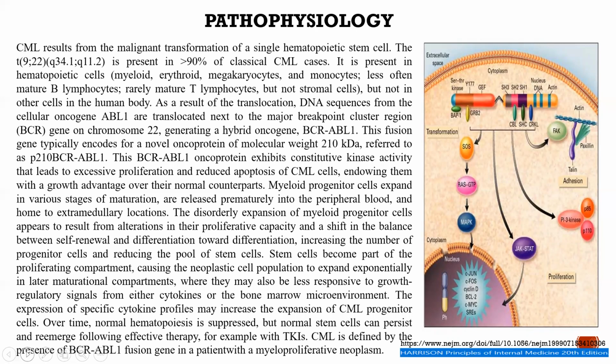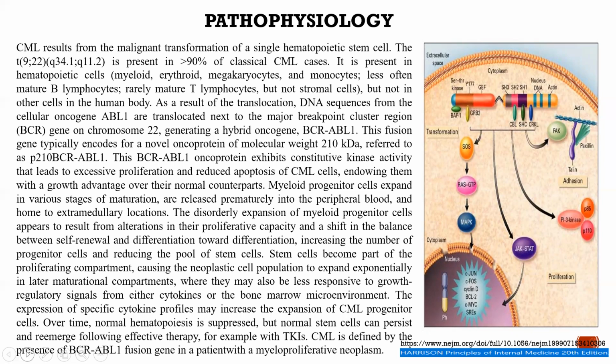As a result of the translocation, DNA sequences from the cellular oncogene ABL1 are translocated next to the major breakpoint cluster region gene on chromosome 22, generating a hybrid oncogene, BCR-ABL1. This fusion gene typically encodes a novel oncoprotein of molecular weight 210, referred to as P210 BCR-ABL1.